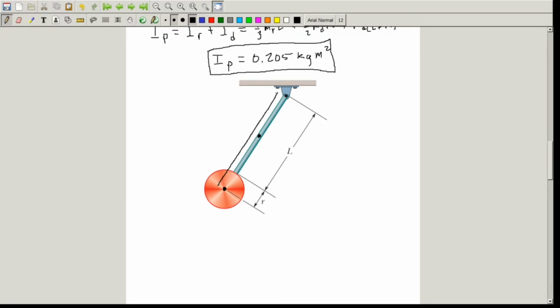Now, I'm going to define this point here, the pivot point, as x equals 0, and we're going to use the center of mass equation. So x center of mass is equal to m1 x1 plus m2 x2 plus dot dot dot divided by m1 plus m2 plus and so on.